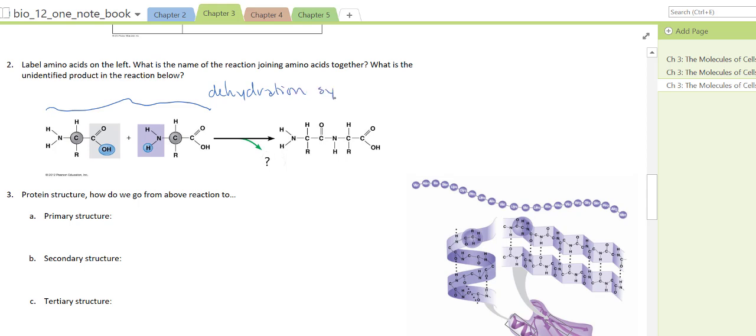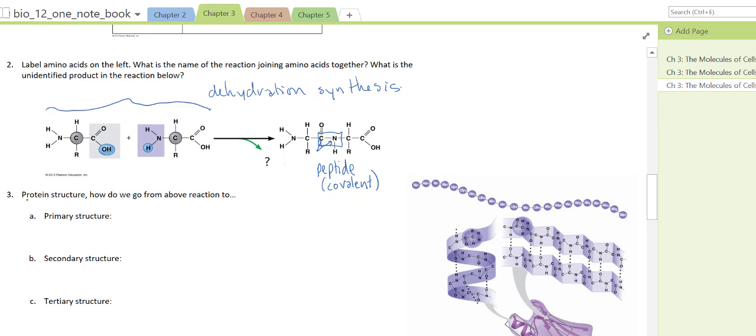That means the removal of water to join two monomers together, and the linkage between those two monomers is called a peptide bond. It is a covalent bond, so that's really important. Remember, carbon and nitrogen are both nonmetals.